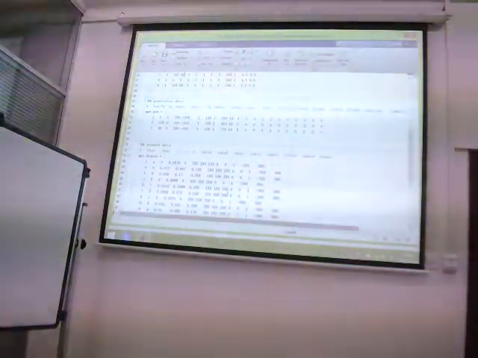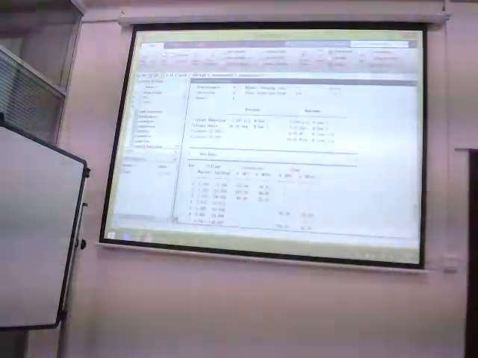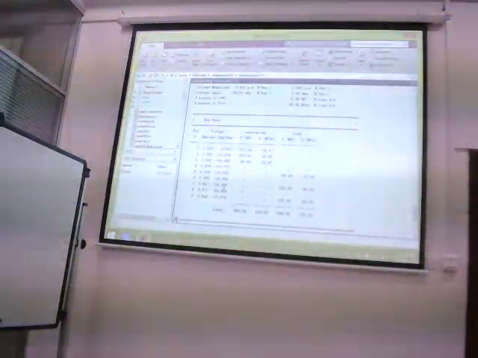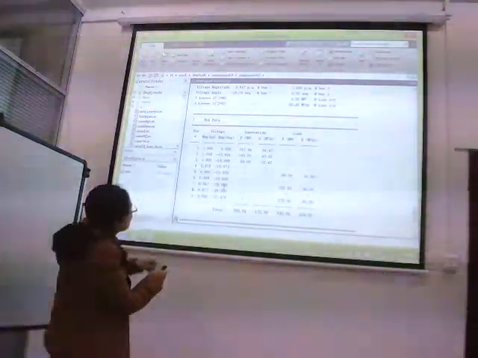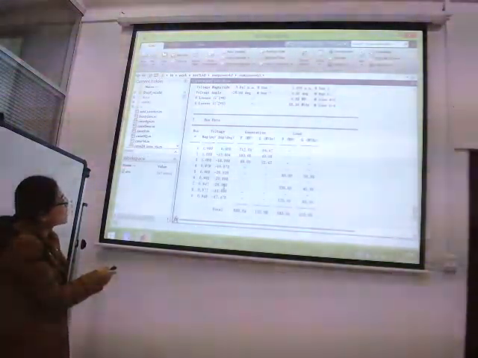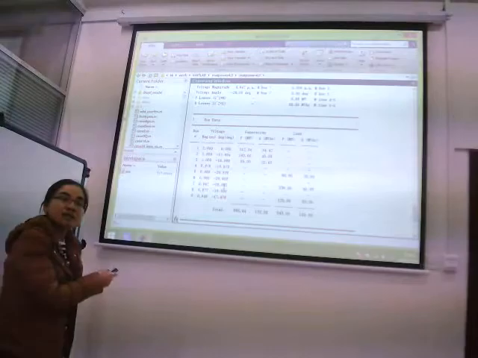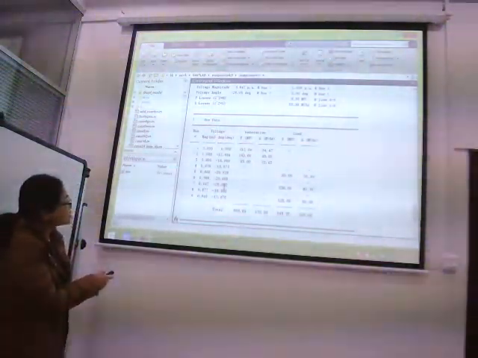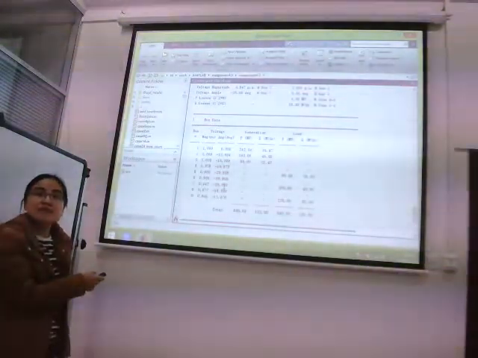So all the excess energy generation has to be provided by generator 1. The generation for generator 1 increases to 312 megawatts. Is it clear? This one is increased, but for generator 2 and generator 3 it remains the same.